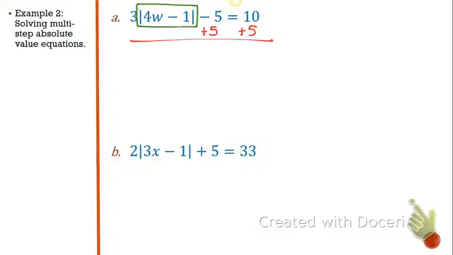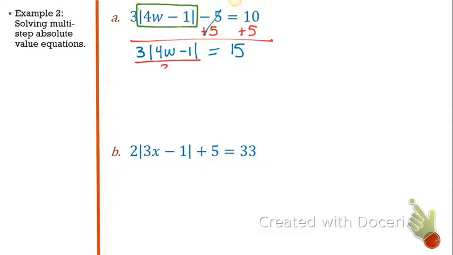Now we can bring everything else down. So we have 3 times the absolute value of 4W minus 1, and that equals 15. Now again, please remember that when you have a number in front of parentheses or absolute value, it means multiplication, right? So then the inverse of that would be to divide by 3.